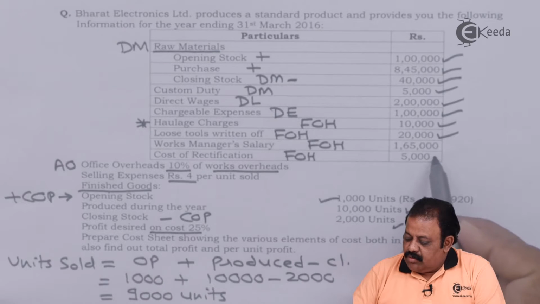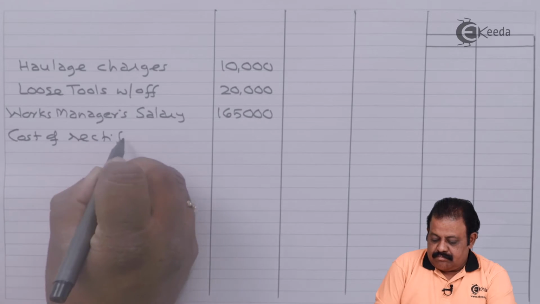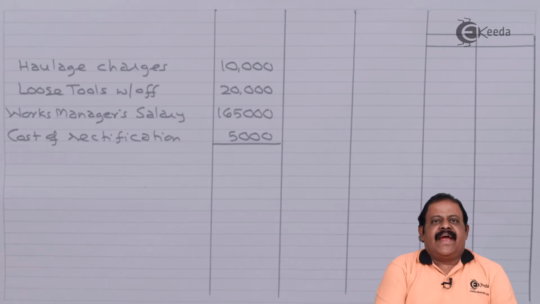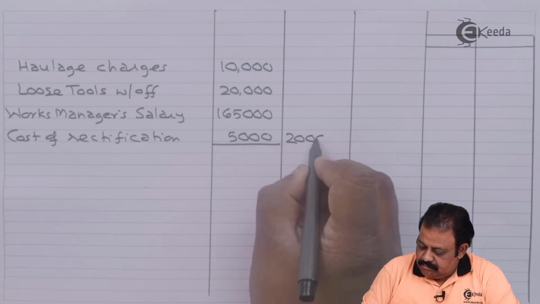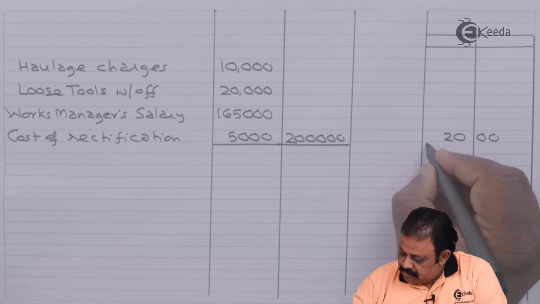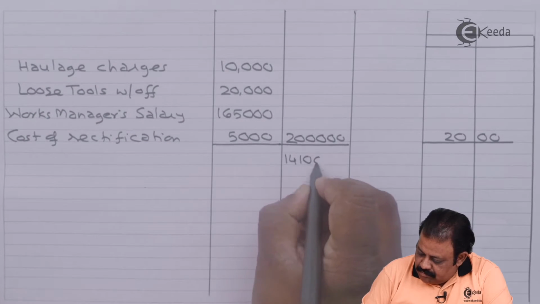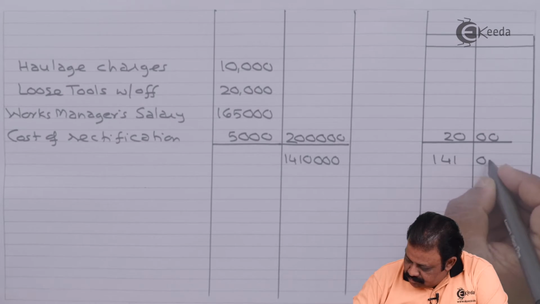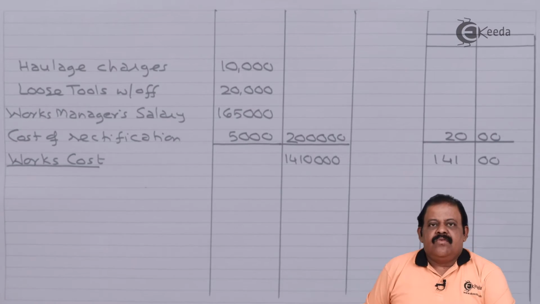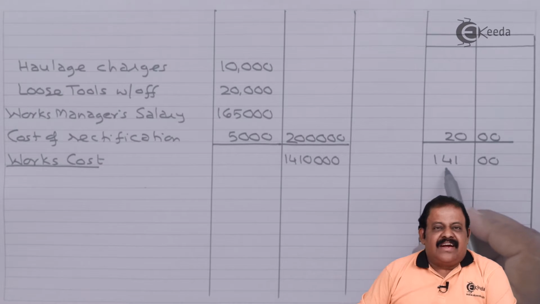Cost of rectification rupees 5,000. Now we can add all factory overheads. We can add factory overheads to prime cost. We got works cost 14 lakh 10,000, per unit rupees 141.